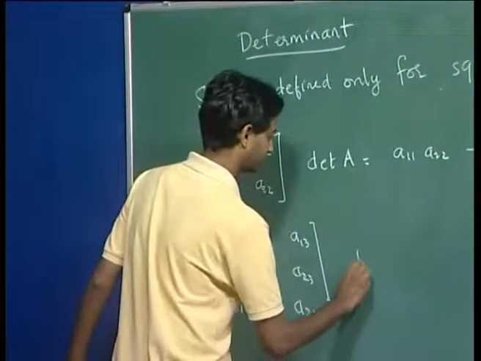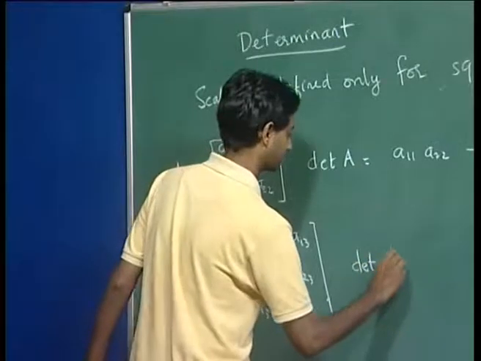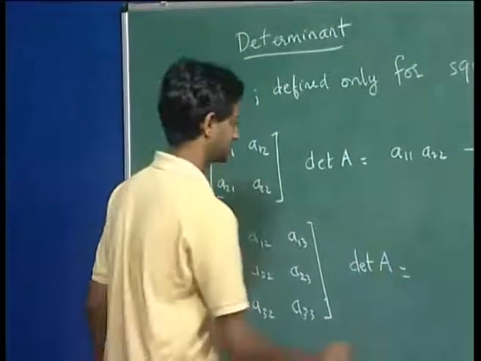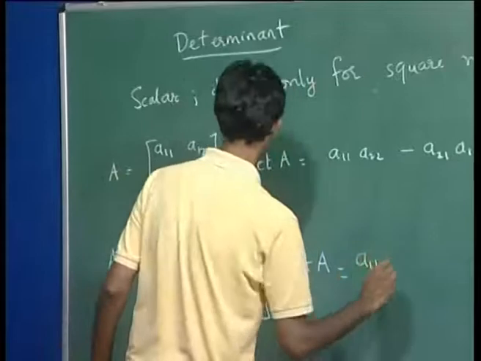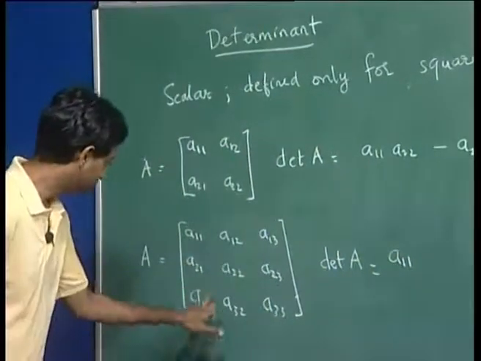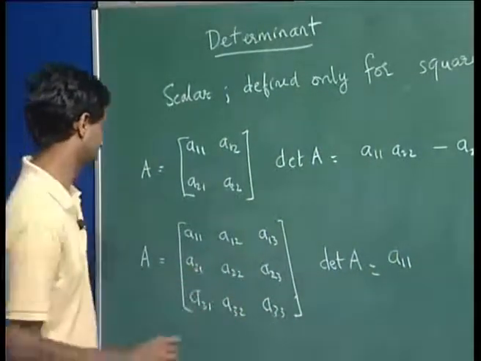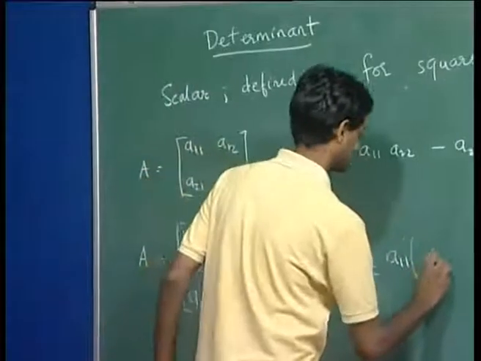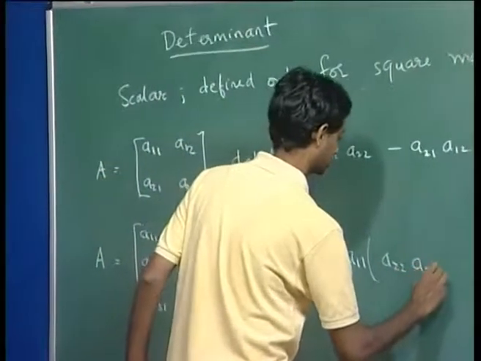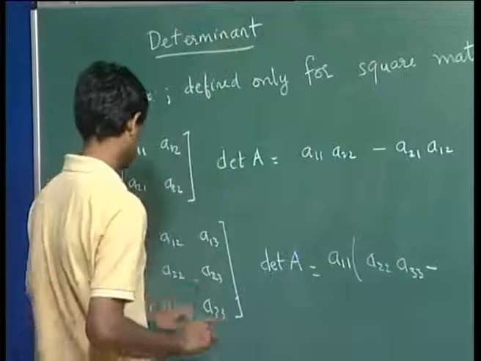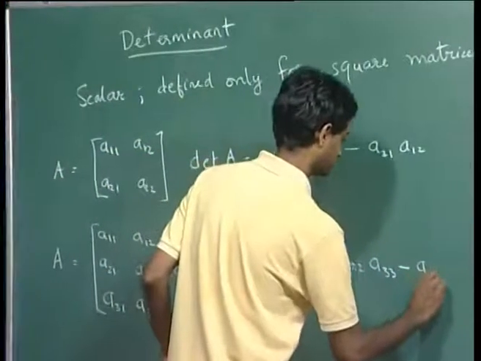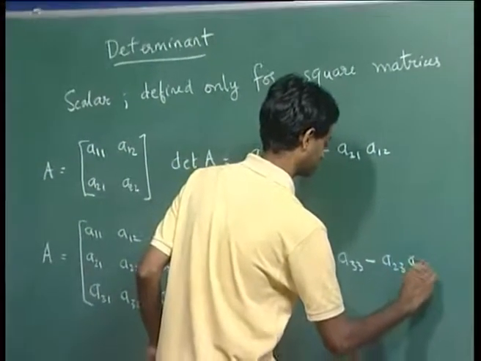then the determinant of A is given by A11 times the determinant of this matrix, which is A22 A33 minus A23 A32.